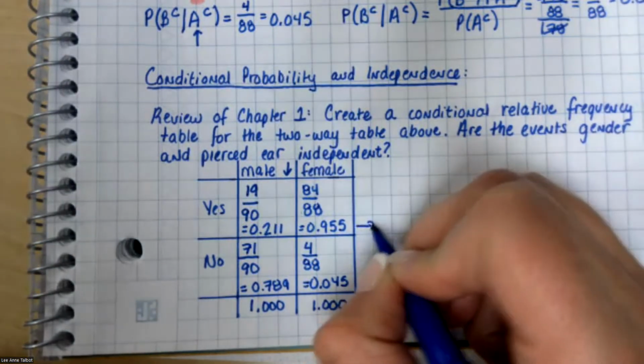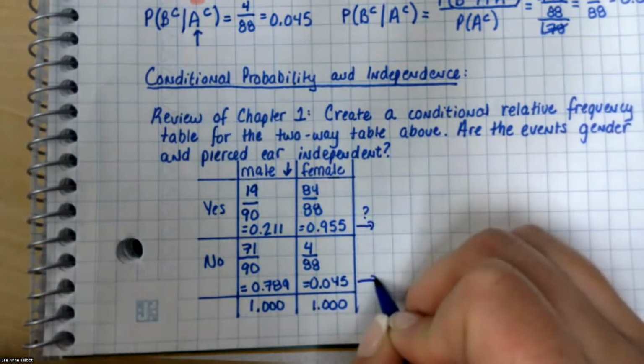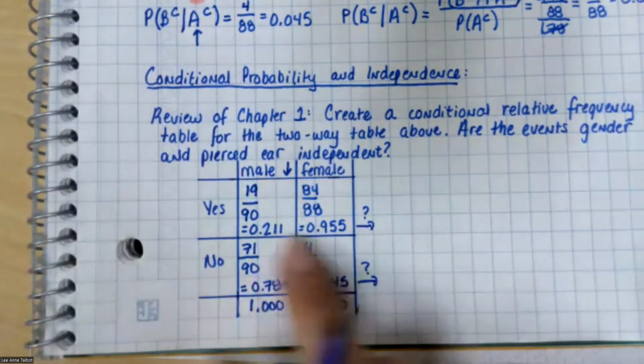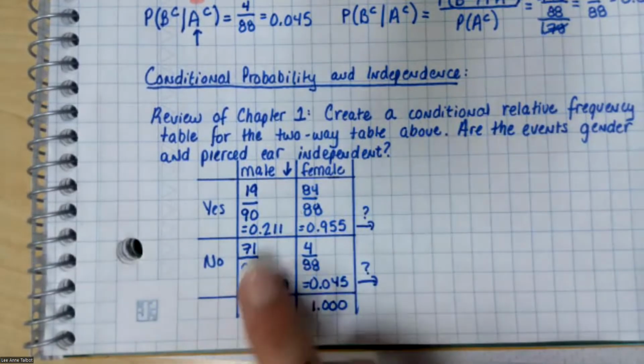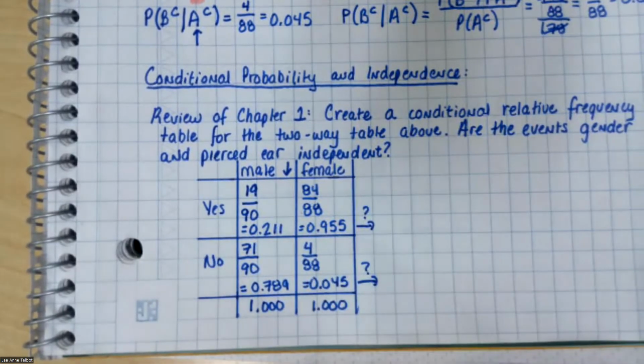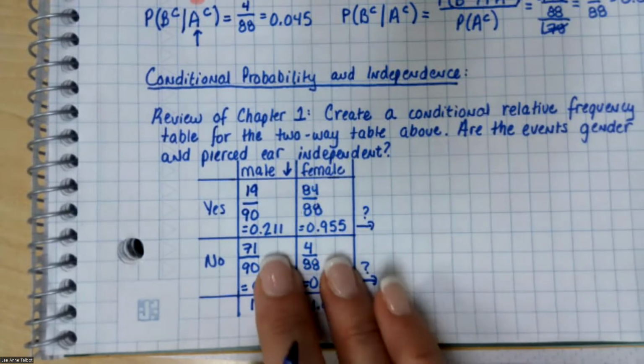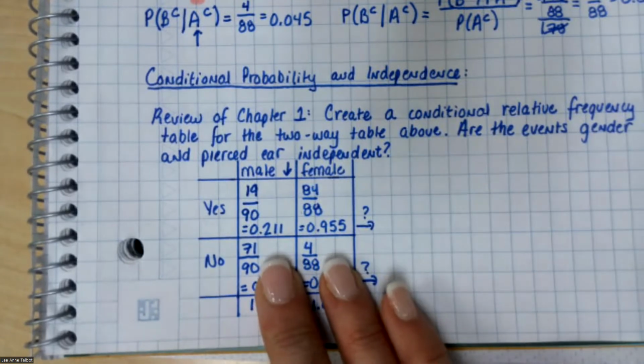Okay, so the question you're asking yourself, looking across now at these two, is are these equal? If these are equal, then it is independent. It means it doesn't matter if you're a male or female, whether or not you have a pierced ear. Does it seem to matter?